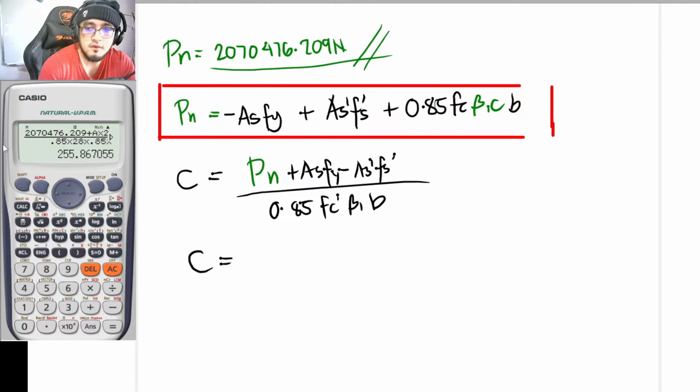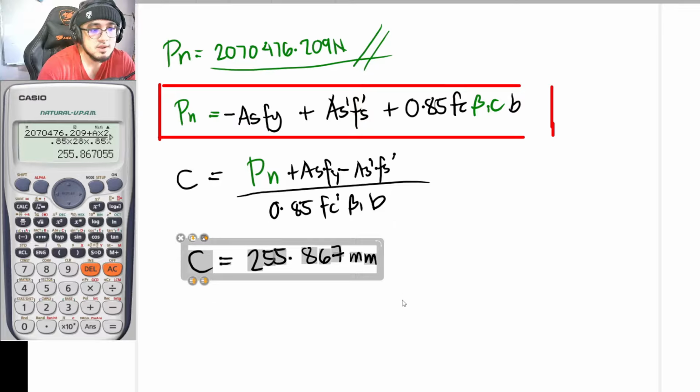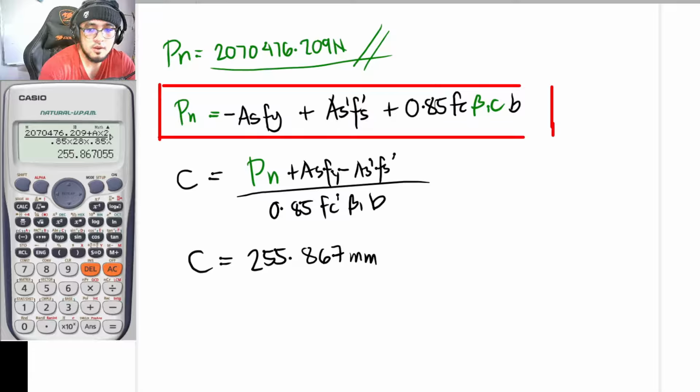So our value for C, as said in this problem, is equal to 255.867 millimeters. Okay, so ito daw yung gamitin nating C ngayon.